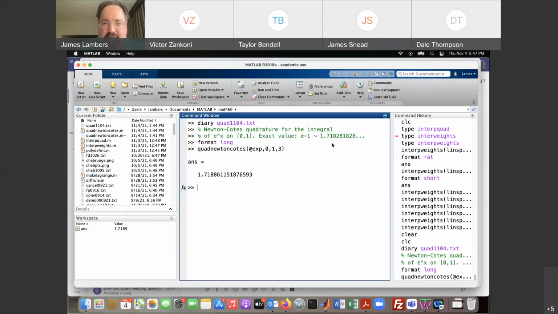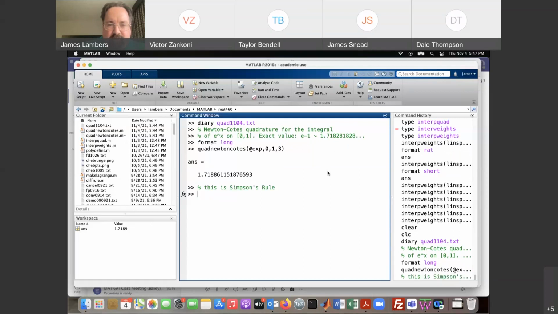Okay, and we see that the answer is pretty accurate. Now, this particular Newton-Cotes rule is one that I've discussed previously. This is Simpson's rule.